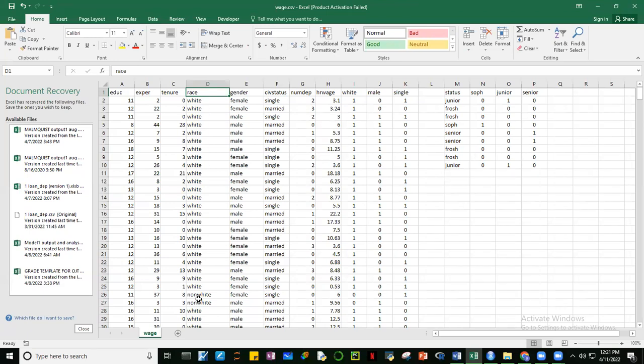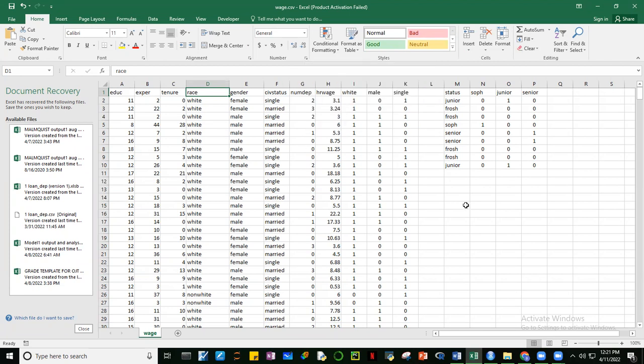So what will happen is that one of them has to be 0 and the other one has to be 1. Same with gender: one of them has to be 0 and the other 1. Same with civil status: one is 0 and the other is 1.